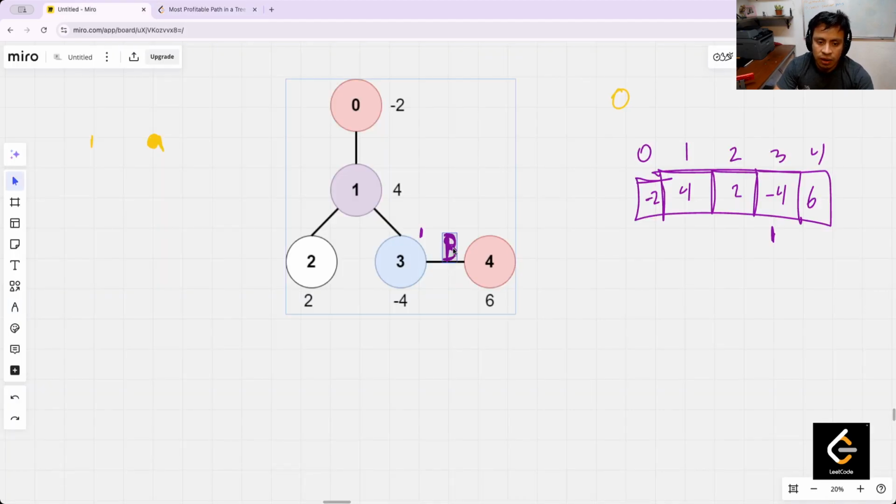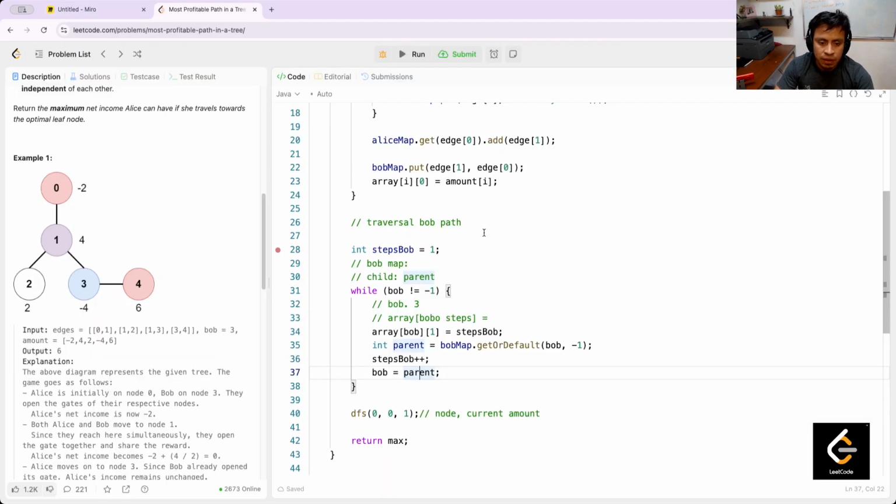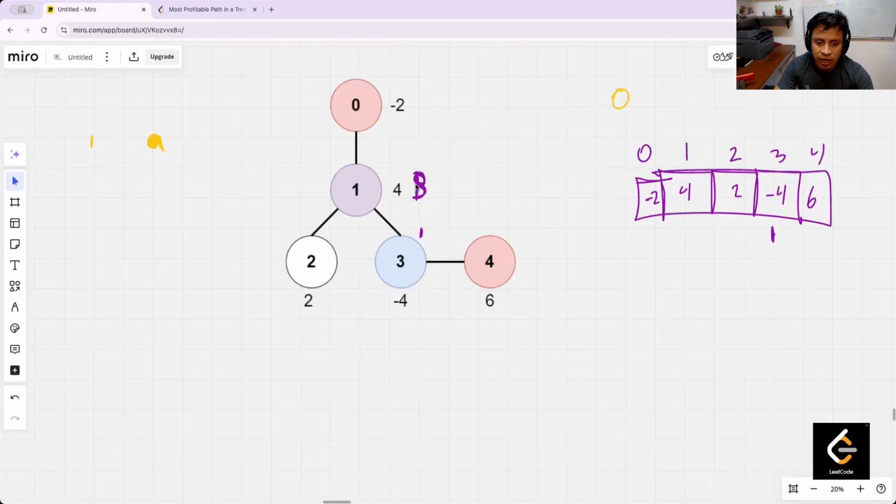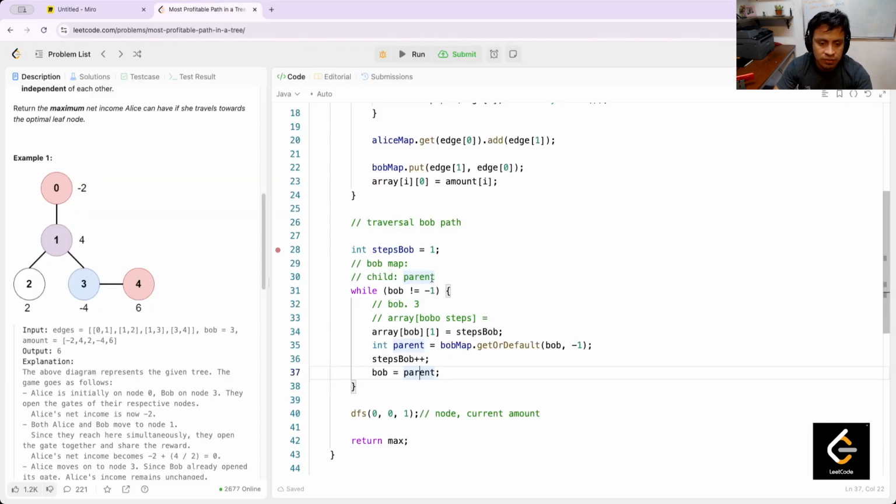Okay, now I am saying that the array in the index 1, no, in the index 4, here, and here happens the error. After getting all, I found Bob, I am getting the 1.